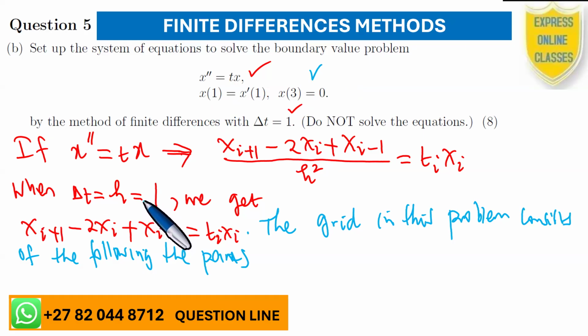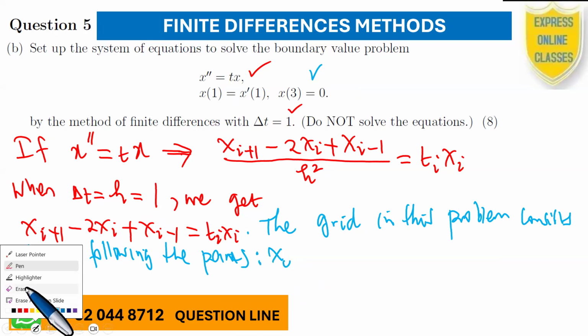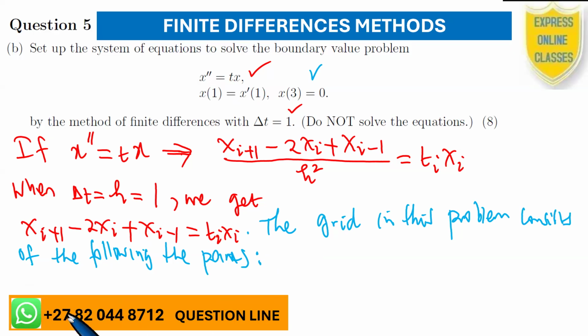If this is the case, the grid will contain the following points. It will contain t sub 0, which is 1.